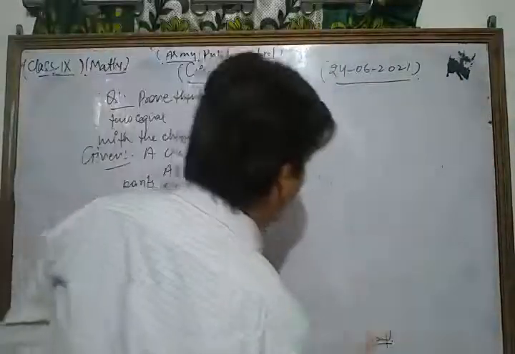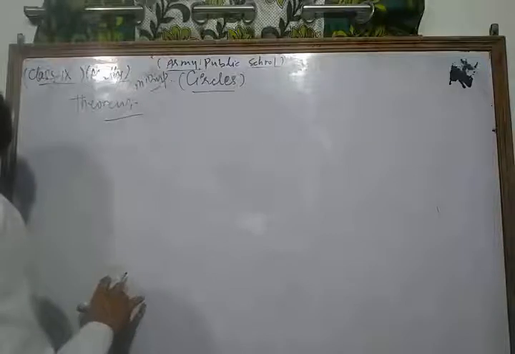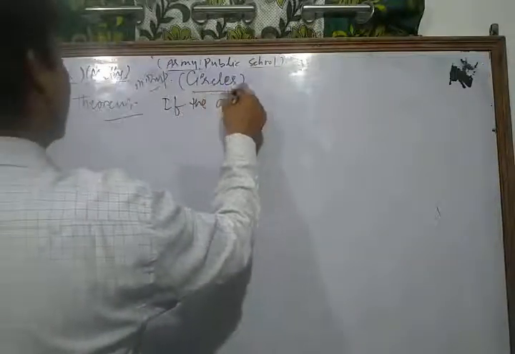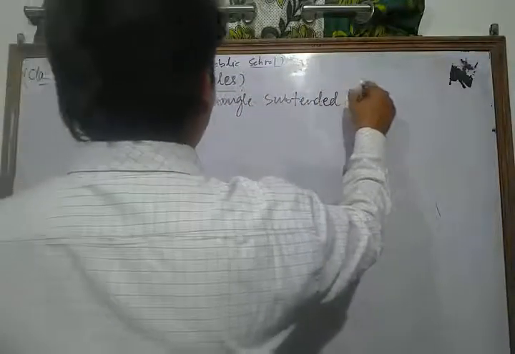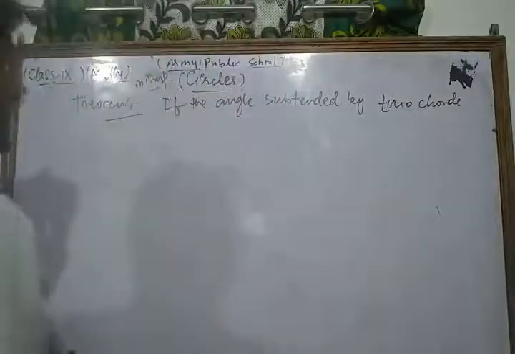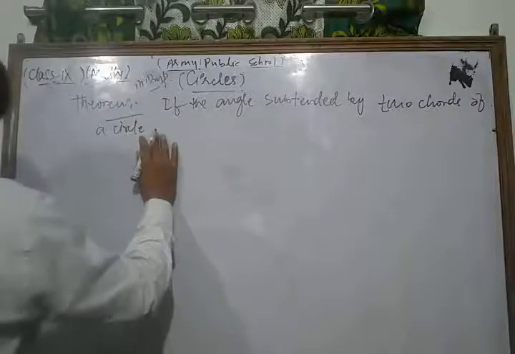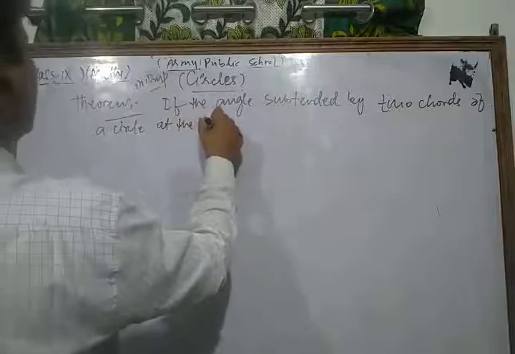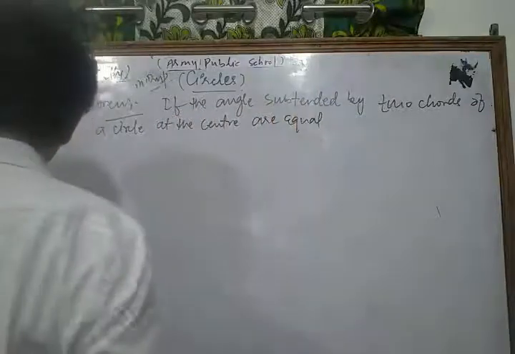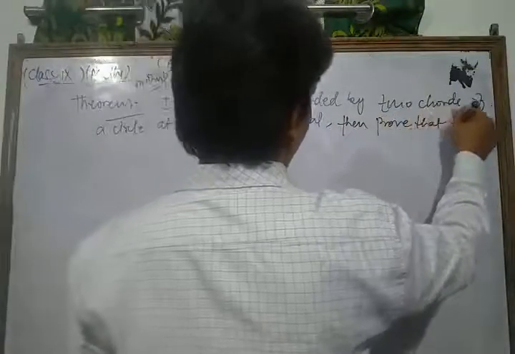Let's see. We take some other important theorem and question based on the chapter circles, and the theorem is, if the angle subtended by two chords of a circle at the center are equal, then prove that the chords are equal.